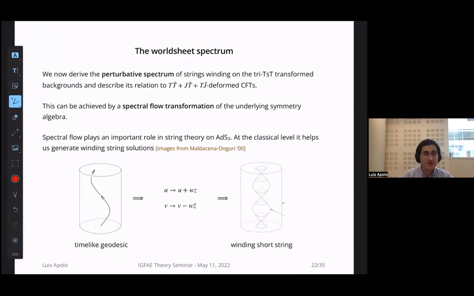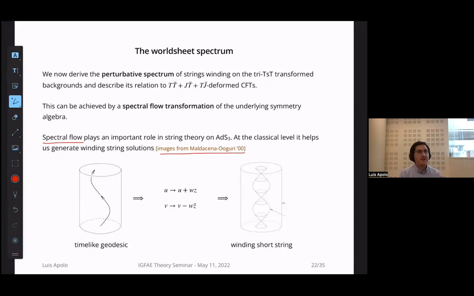So let me say a few words about spectral flow. Spectral flow plays an important role in string theory. And at the classical level, it helps us generate winding string solutions. These images are taken from a paper by Maldacena-Ooguri from 2000.